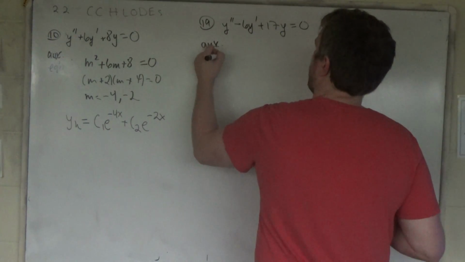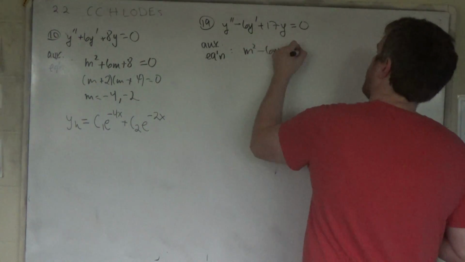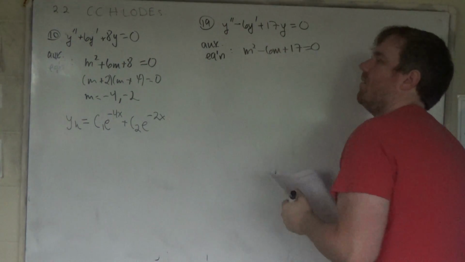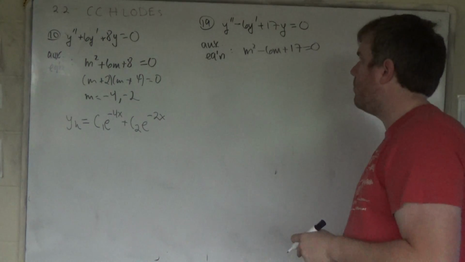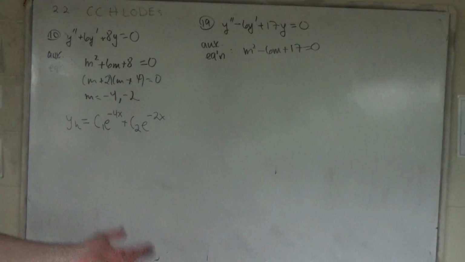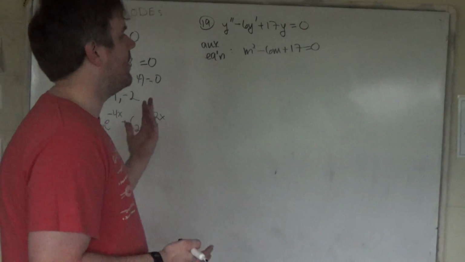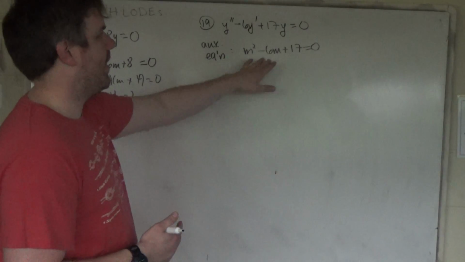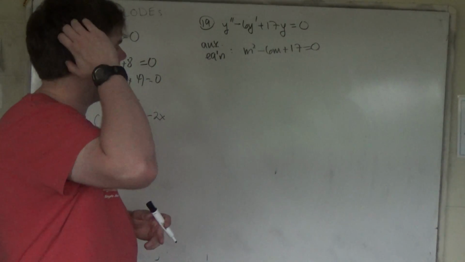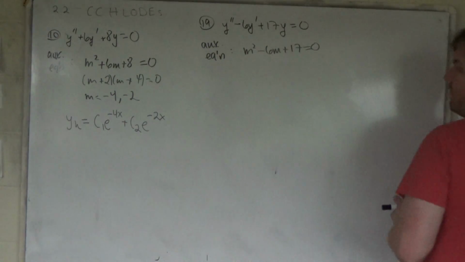The auxiliary equation is m squared minus 6m plus 17 equals 0. And I can see pretty quickly that this is not going to factor, at least nicely, because 17 is prime and only has factors of 1 and 17. And no combination of that is going to give me -6. So from here I can just go ahead and do the quadratic formula if I want.